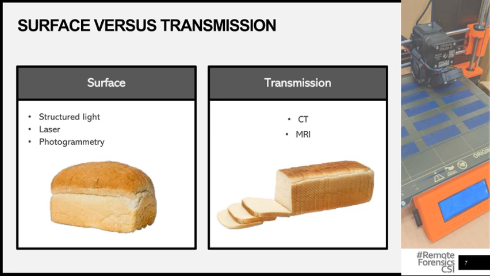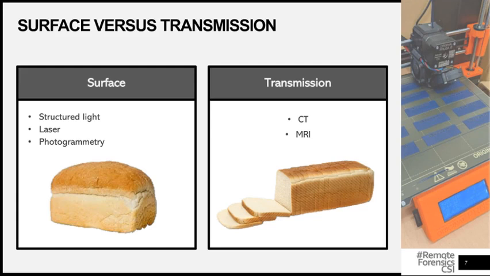This slide is dedicated to just really thinking about surface versus transmission before I start talking about the different print technologies that are out there. So in terms of surface, just capturing the surface topography, if I take this Costa coffee cup, we're just looking at the outside surface, we're not interested in what's inside.